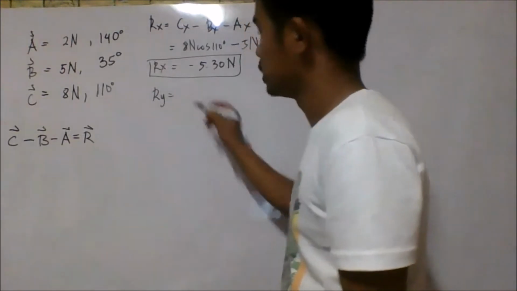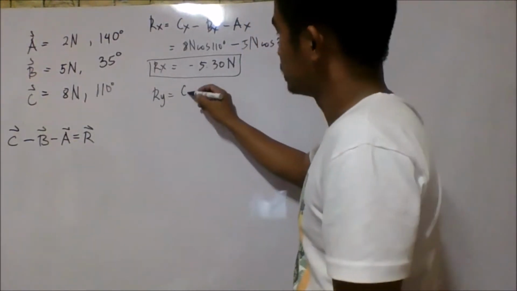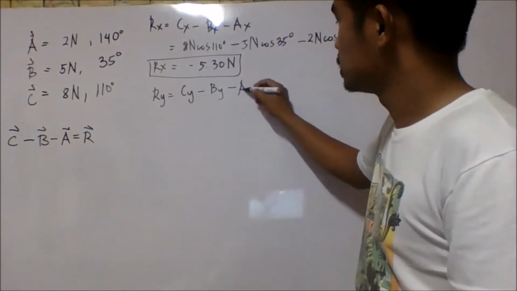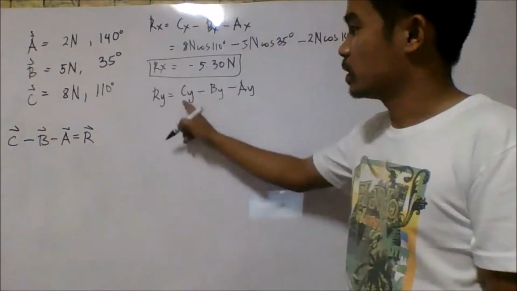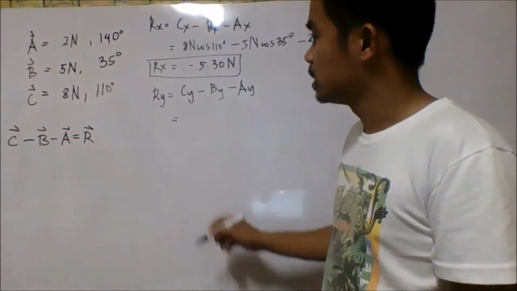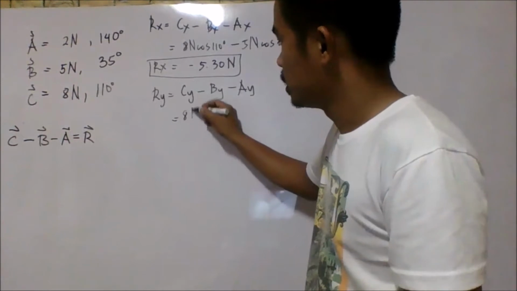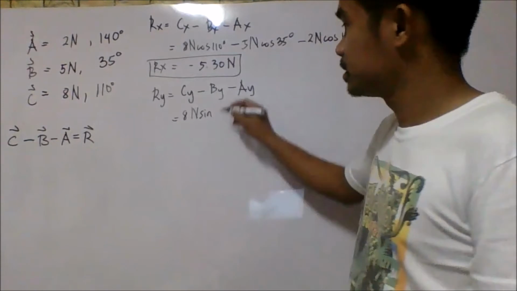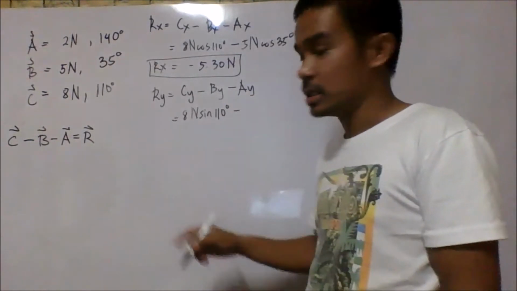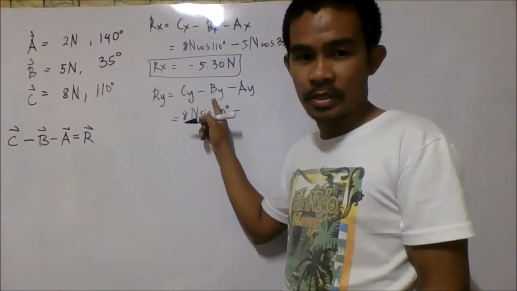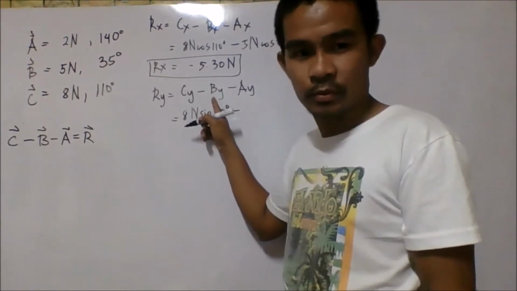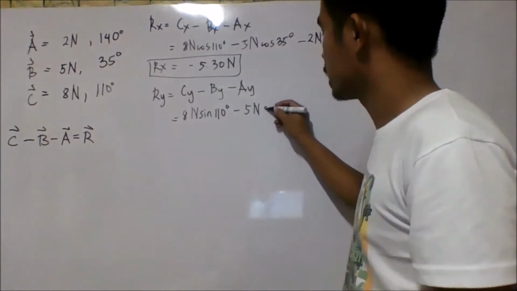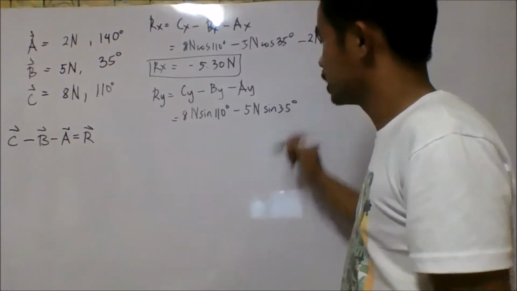or R of y equals C of y minus B of y minus A of y. And what is this C of y? That is the magnitude of vector C, which is 8 Newton, sine of its direction, which is 110, minus the y component of vector B, which is 5 Newton sine of 35 degrees.